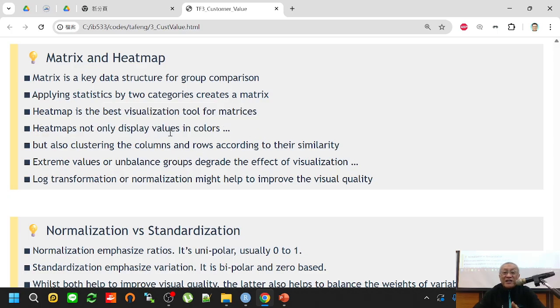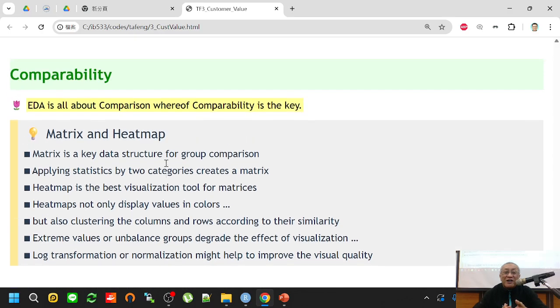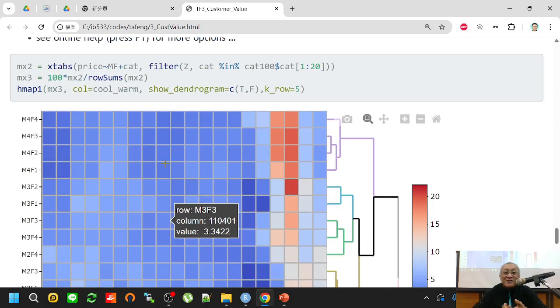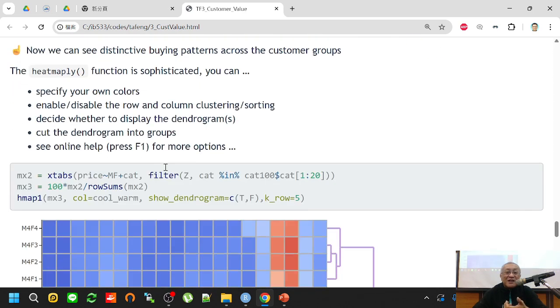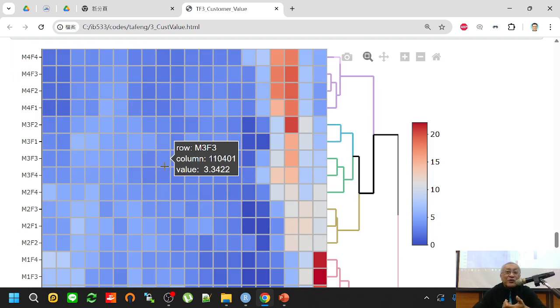So it displays value by color, okay? However, when you do the heat map, you need to be careful, right?